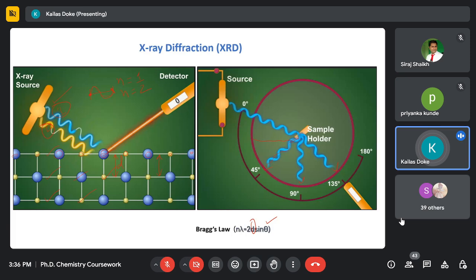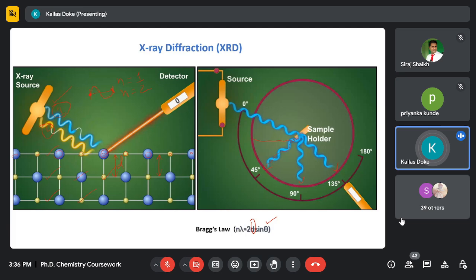The condition for X-ray diffraction, Bragg's law, is that the path difference should be equal to n into lambda. And from the trigonometric derivation, the path difference n lambda should be equal to 2 into d into sine theta. That derivation I'm not going to explain in detail.